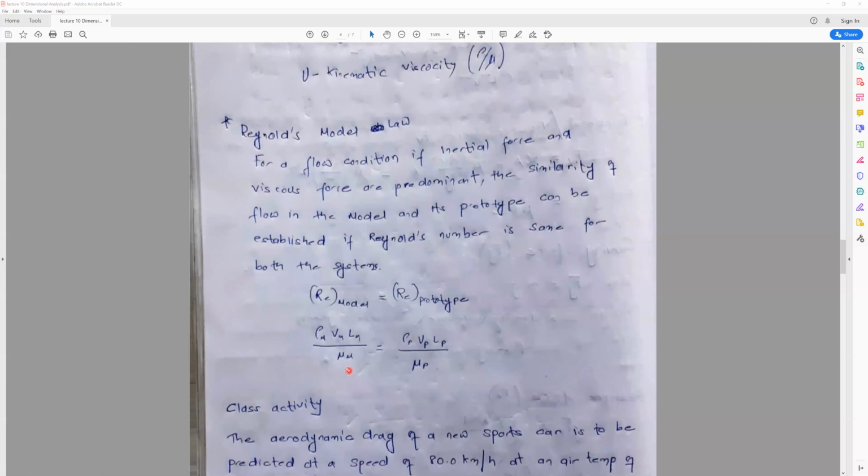You can express Reynolds number in terms of its dimension, and then equate it.